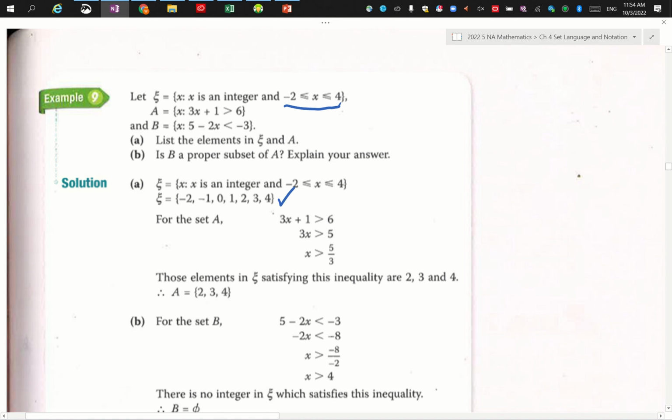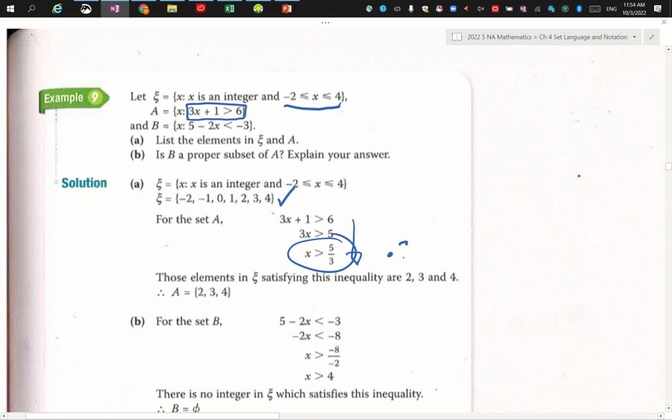And then for set A, we go on to solve the inequality first because we are trying to find out what elements it contains. So we solve the inequality and we get x is greater than 5/3. Wow, there are so many, there are infinite elements, right? Sounds like it. 5/3 is how much? 1.666, right?